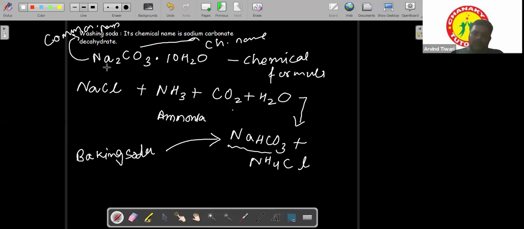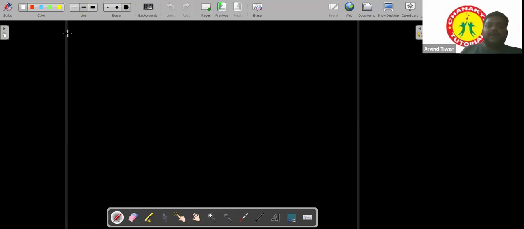And now from baking soda, we will be obtaining sodium carbonate. So see, the first step I'm writing again over here. First step is we use NaCl, sodium chloride, plus NH3, ammonia, plus carbon dioxide plus water molecule.